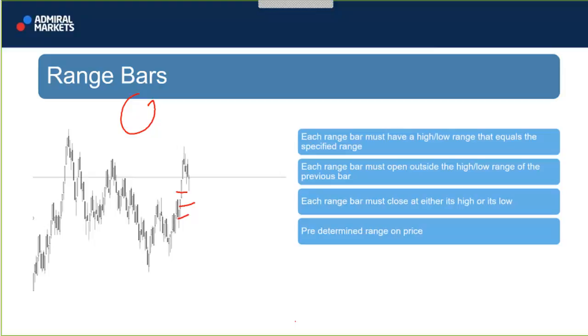So the main benefit of using range bars is that range bars are totally time frame independent. That is why MT4 actually uses offline charts, because standard time frames are incorporated into the MT4 platform. But in order to use different time frames, you need to use offline charts. And offline charts are run through, let's say, different expert advisors or scripts or indicators.